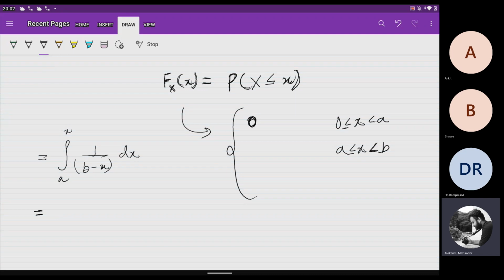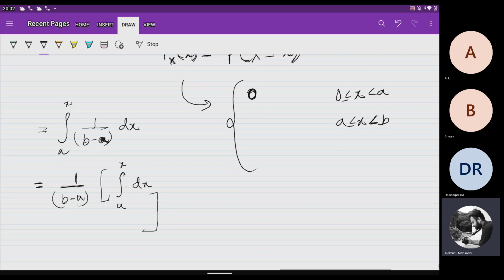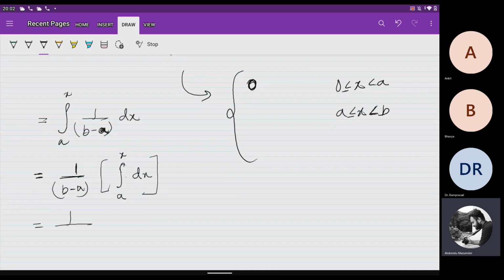So the 1 minus 1 by b minus a will be a constant, it will go out, and we will be left with only integral a to x, dx. What will it be?